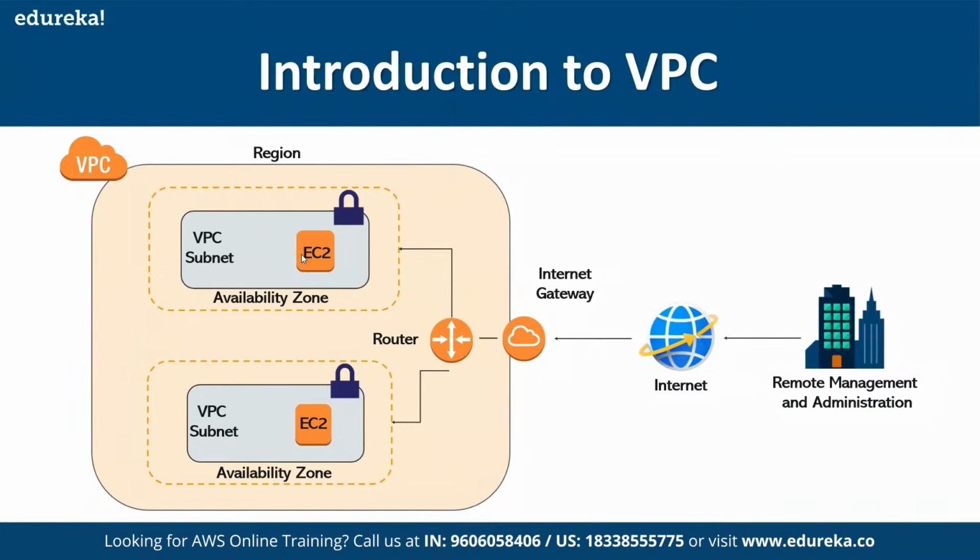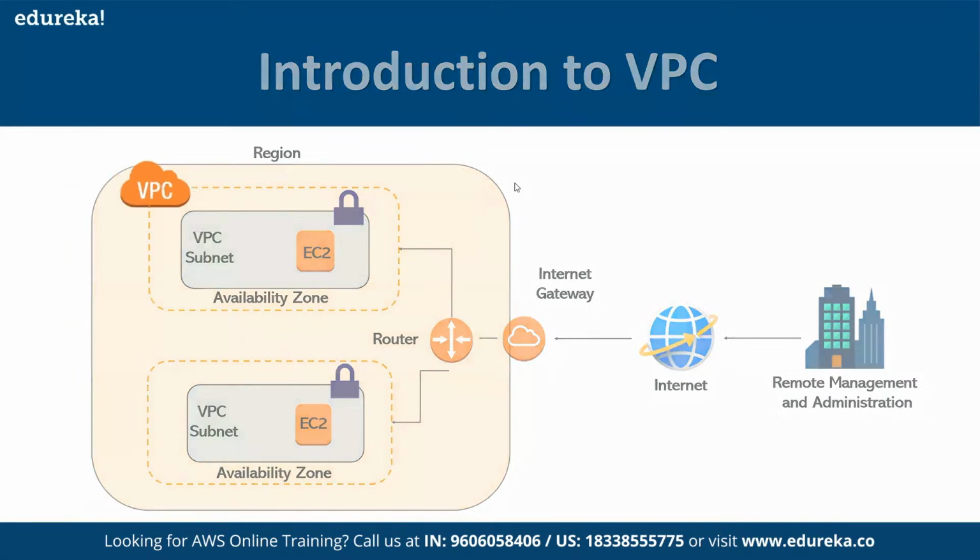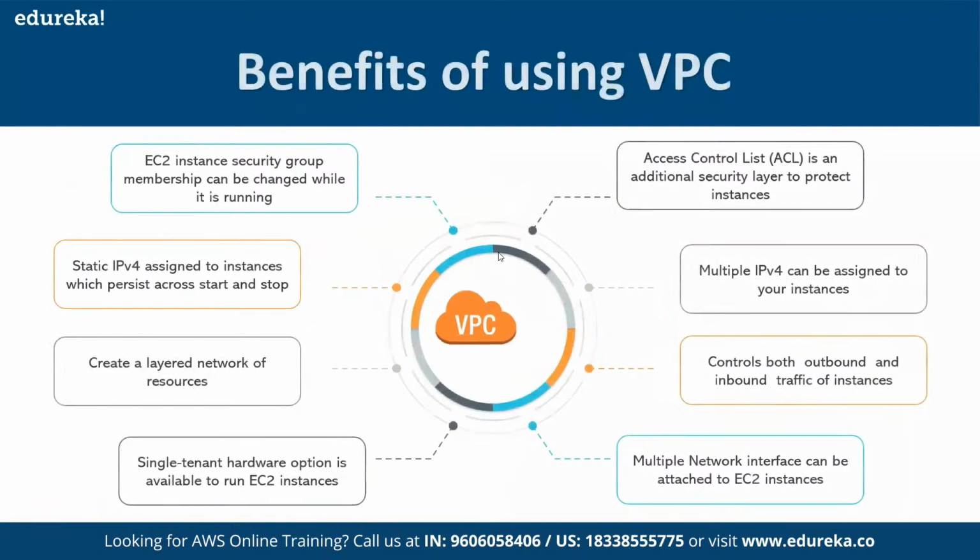So this web server can access the IP address of this database server internally. But nobody else knows about the IP address of this database server. They cannot access it from outside, right? So internally, they can access each other's IP addresses. And the IP address ranges are provided using CIDR blocks. We will be talking about that in a while. We have just started scratching the surface of VPC.